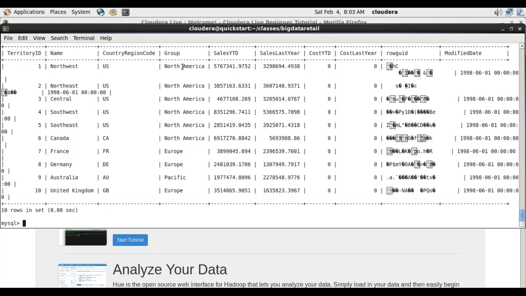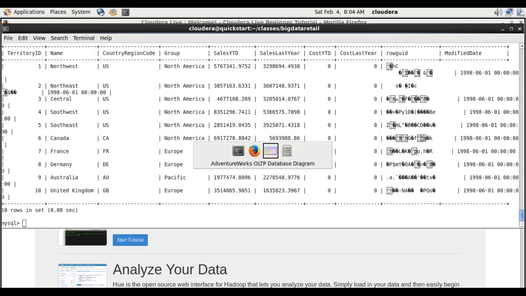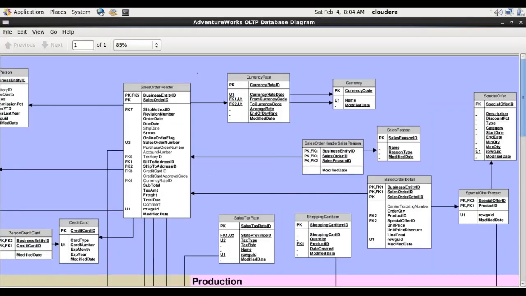Okay, so if you look at the territories, North America, Europe. So you see, actually, we can sell at totally different prices in different territories. Right? We can totally sell things differently. Let's go back and look at our model and see the relationship between stores and territory.